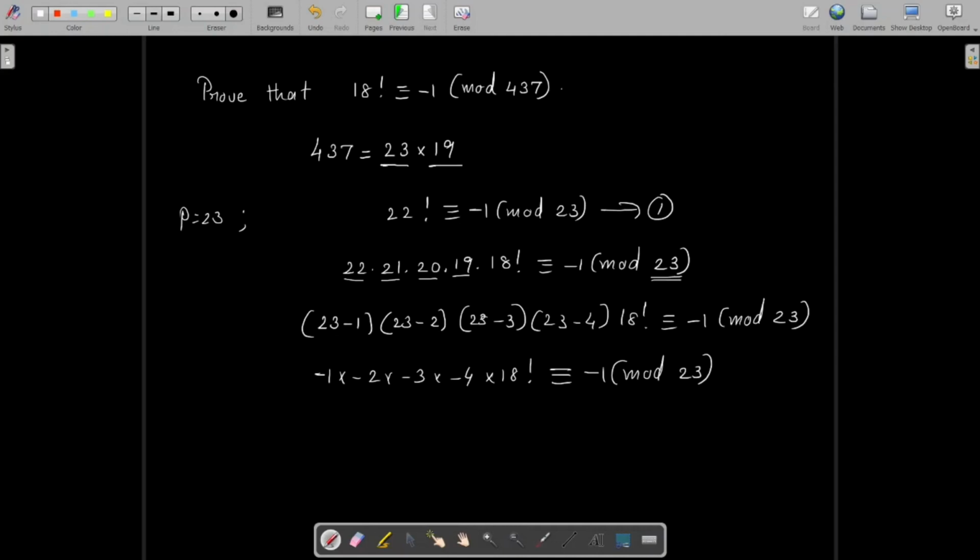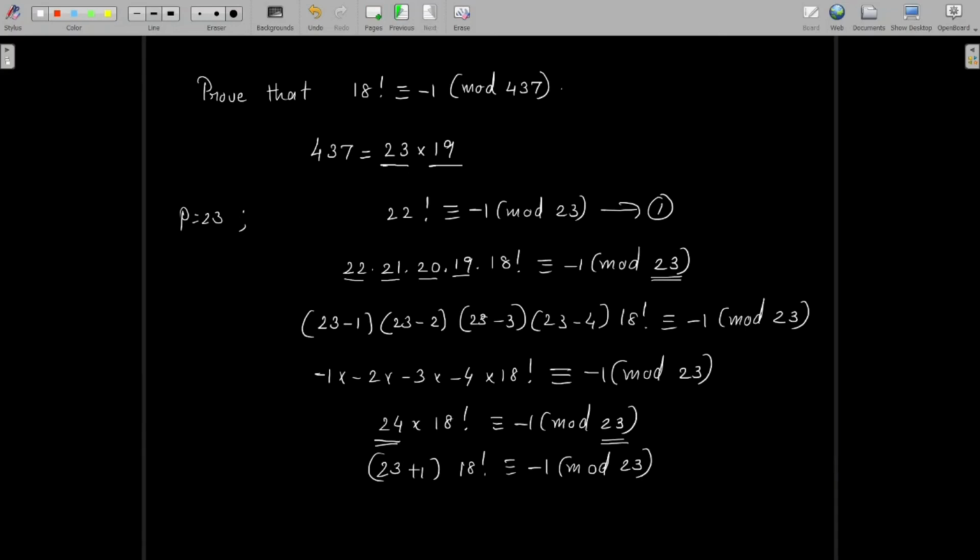So when we multiply these terms together, we will get 24 into 18 factorial is congruent to minus 1 mod 23. Again we will express this 24 in terms of 23, that is 23 plus 1 into 18 factorial is congruent to minus 1 mod 23.